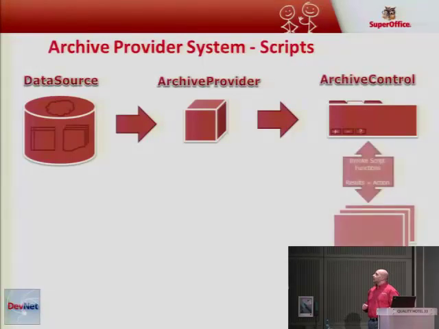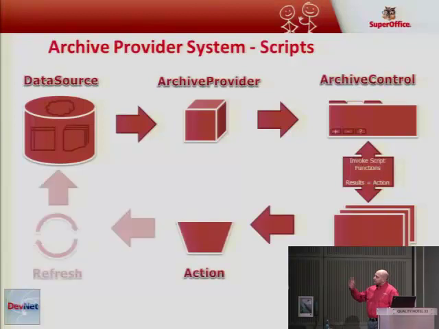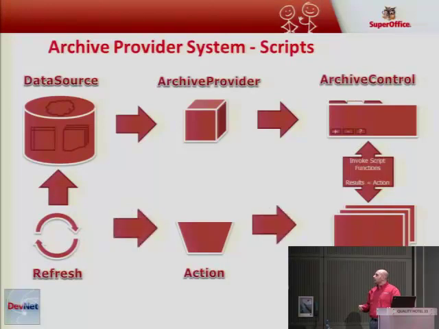When you click an action outside that archive control, it's going to look up and find those methods that we defined in that XML configuration file, invoke that action, give you the ability to take action, and then persist those changes to the database, create new information, or delete information. And then the control will be returned back to the script, ultimately to the archive provider, and return a value.